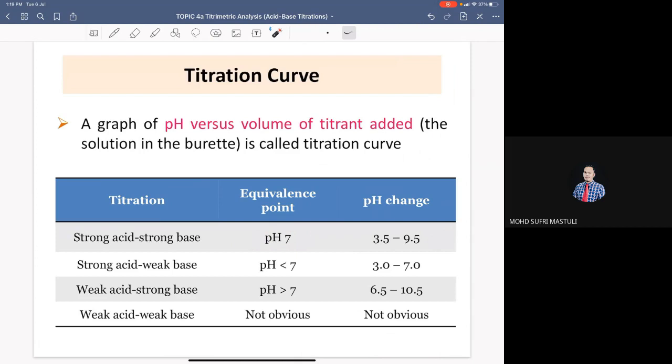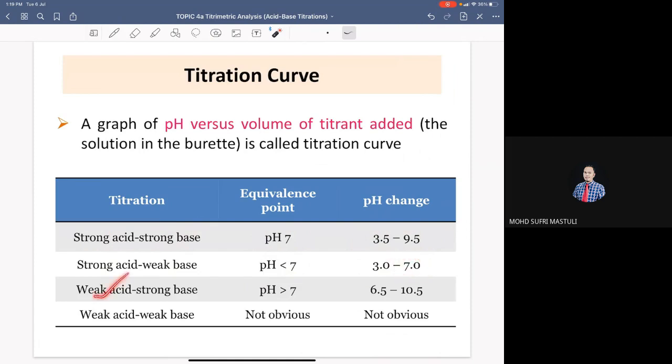Because this is a strong acid and a strong base, the pH change runs from the strong acid at about 3 to the strong base at about 10. For a strong acid, weak base titration, the pH at equivalence is less than 7, more towards the range of a strong acid. So the pH change is between the strong acid at about 3 and the weak base at about neutral, 7.